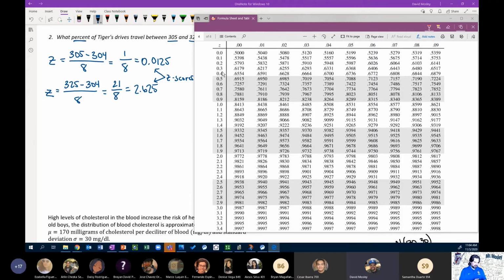I think I made a mistake here. Too many zeros in the decimal on the first one.